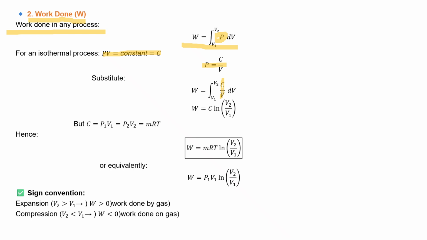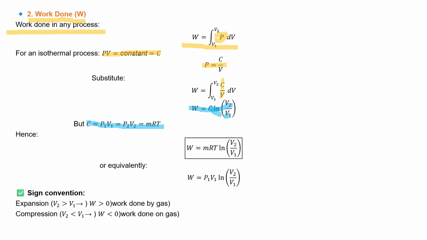You learned integration in your school days. So when we go for integration of 1 upon V dV, we get W = C ln(V2/V1). This ln is log base e. And also we know that this C equals P1V1, which equals P2V2, which equals MRT.